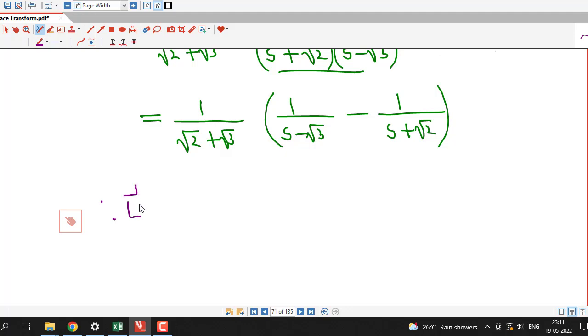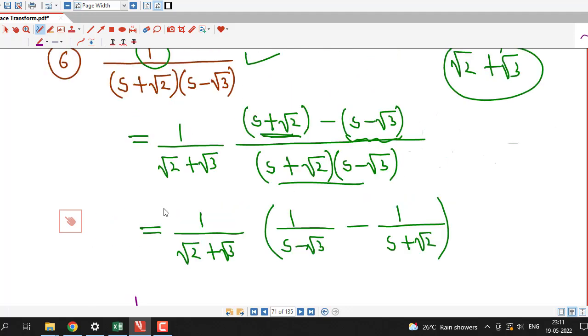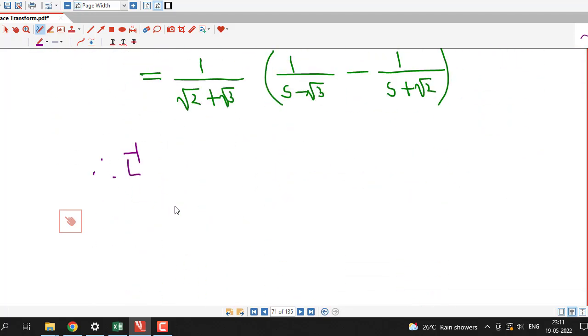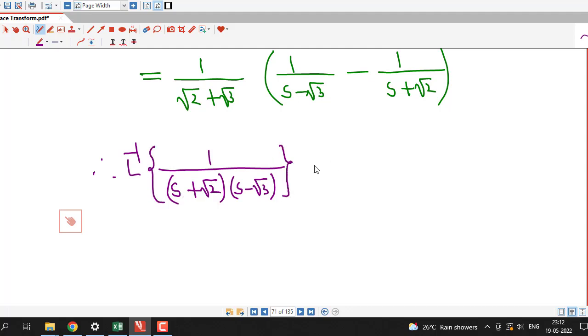Therefore, L inverse of 1 over s plus root 2 times s minus root 3 is equal to L inverse of this bracket multiplied by 1 divided by square root of 2 plus square root of 3.